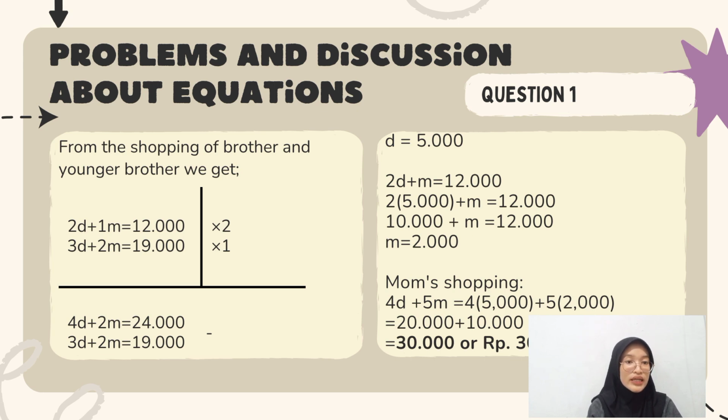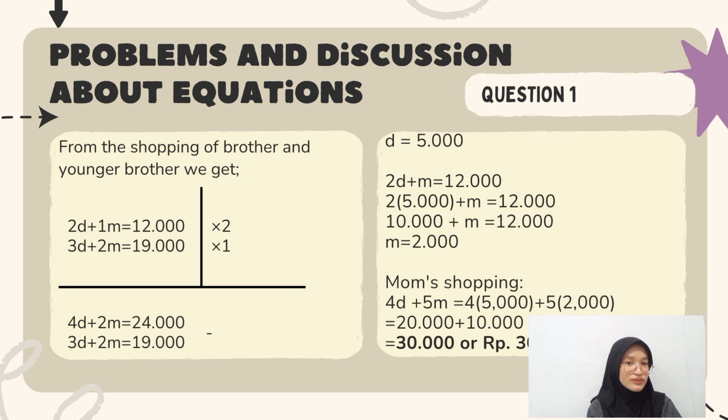We can eliminate using the equations above. How? 2D plus 1M equals 12,000 times 2, and 3D plus 2M equals 19,000 times 1.